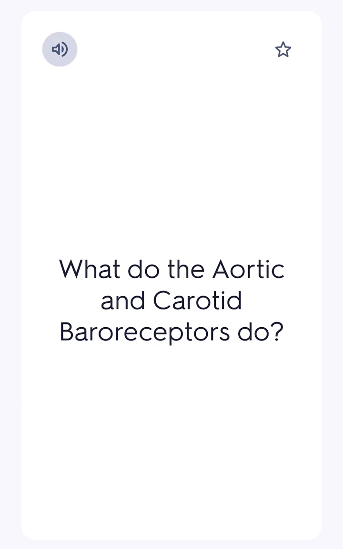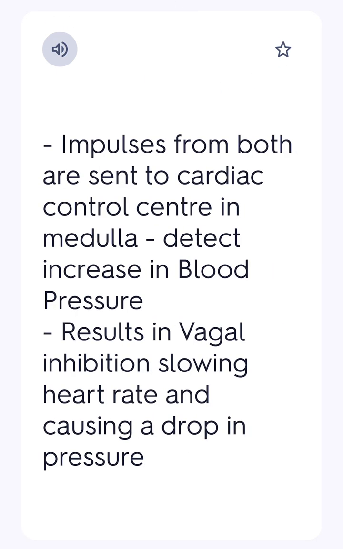What do the aortic and carotid baroreceptors do? Impulses from both are sent to cardiac control center in medulla, detect increase in blood pressure, results in vagal inhibition, slowing heart rate, and causing a drop in pressure.